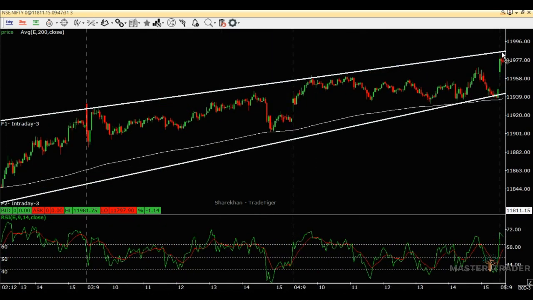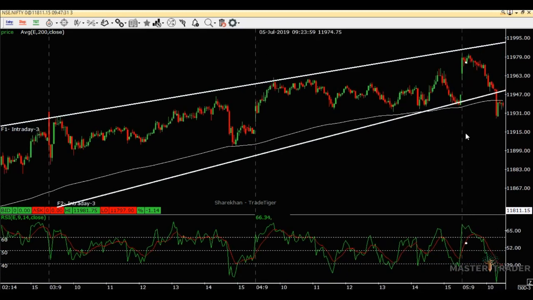So when you combine both of these things, guys, you can get fantastic trades. So this was a clear sell at these levels, near this trend line and near 12,000. We're just 10 points away from 12,000, or 15 points. So this was a clear sell.